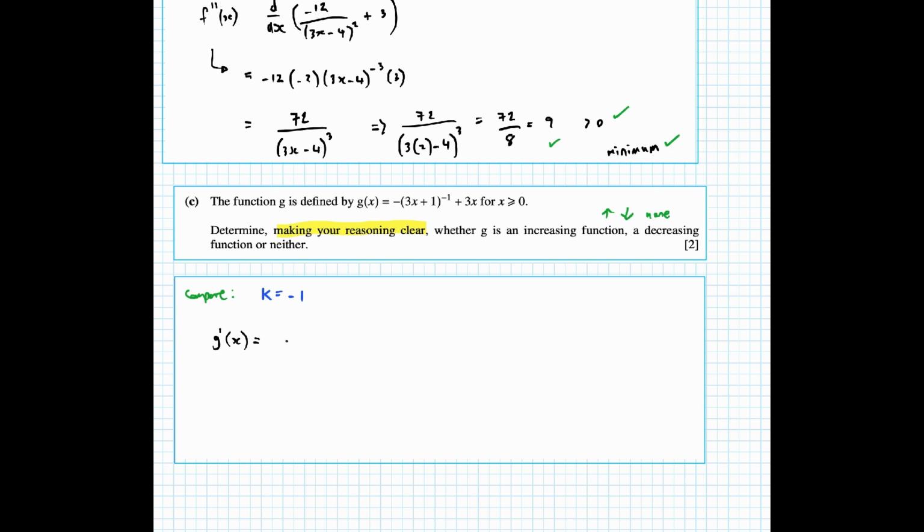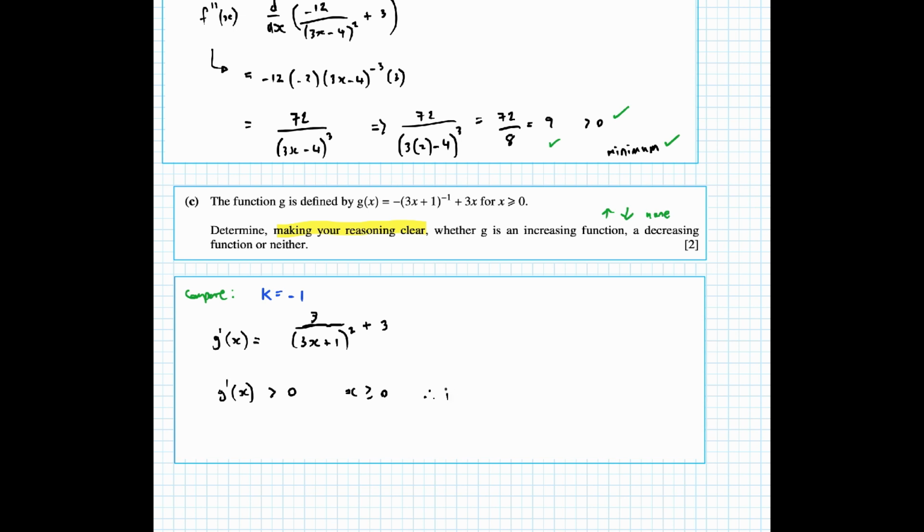So you will have 3 times 3x plus 1 to the minus 2, or again 3 over 3x plus 1 squared is the way I write it. It's more palatable in that way. Plus 3, so the x disappears. So the derivative of g(x) is greater than 0 at x greater or equal to 0.